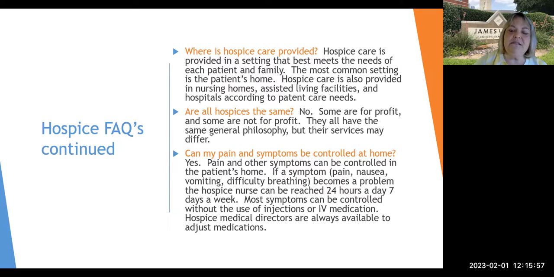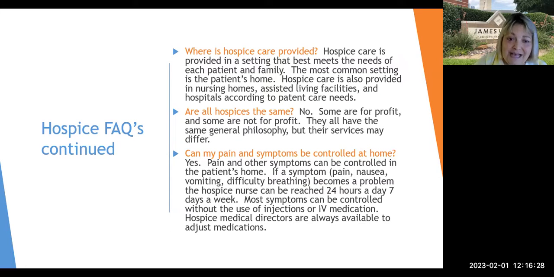Can pain and symptoms be controlled at home? Most of the time, yes, they can be controlled at home. If a symptom, pain, nausea, vomiting, difficulty breathing becomes a problem, hospice nurses can be reached 24 hours a day, 7 days a week, and most symptoms can be controlled without injections or IV medication. Because you heard me say earlier, we are all about comfort.